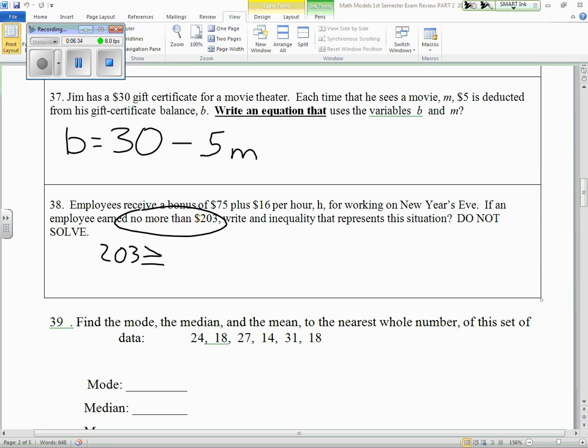This part will be less than or equal to this. No more than means this part, the $75 plus 16, H for hours.